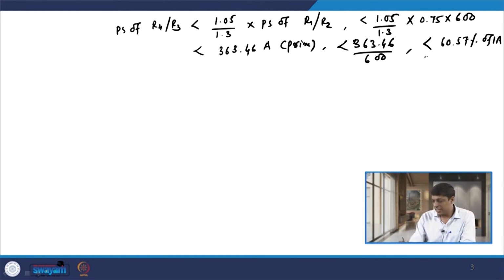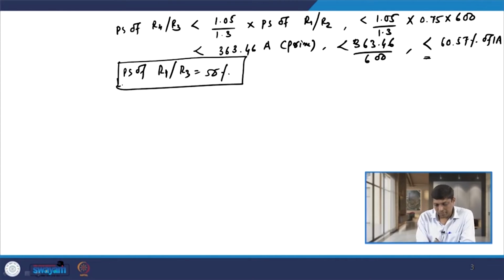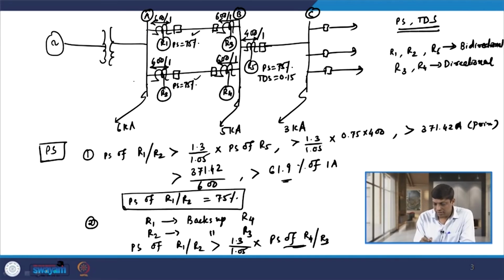As it is less than that, we have to decide the setting in the next range below this. The value available below this is 50%. So, we can decide the plug setting of R4 and R3 is equal to 50% of 1 ampere. So, we have decided the setting of R3 and R4, that is 50%, right. So, that we can note down.